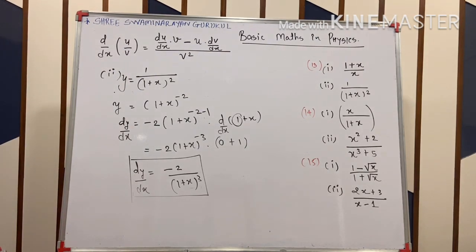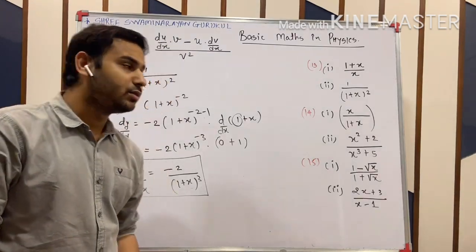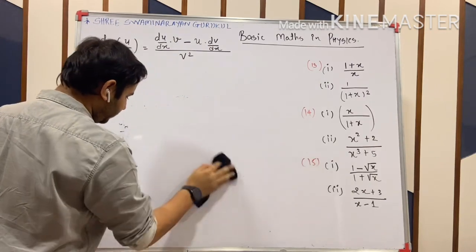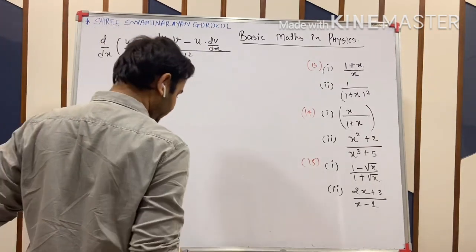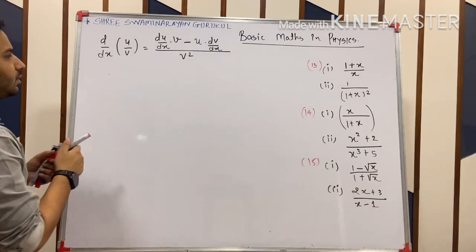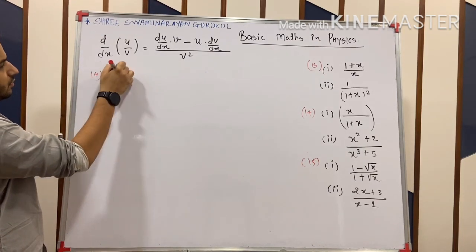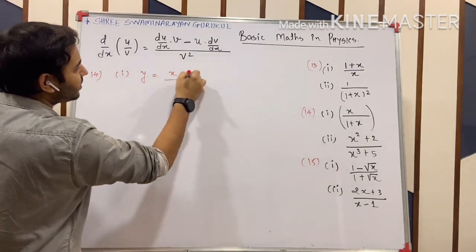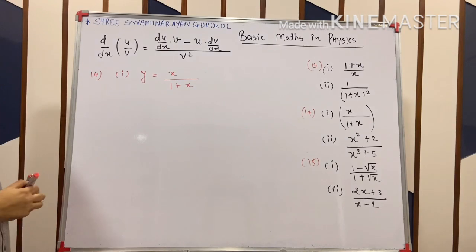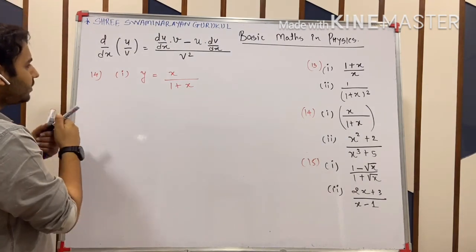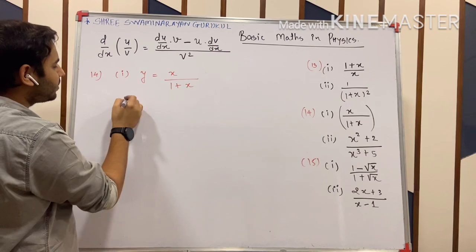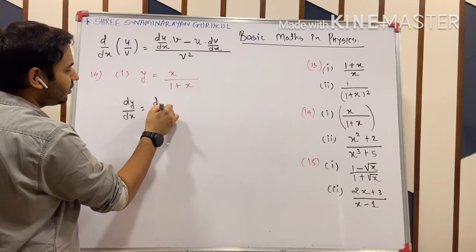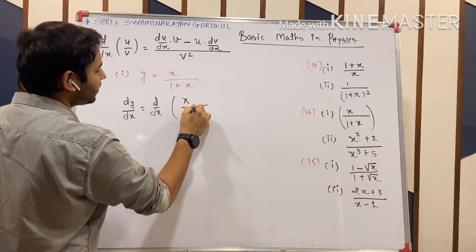Now the next question, 14th. Compulsory we need to use the division rule in it. Okay, what is the question? 14th first. y is equals to x upon 1 plus x, that is dy by dx is d by dx of x upon 1 plus x.